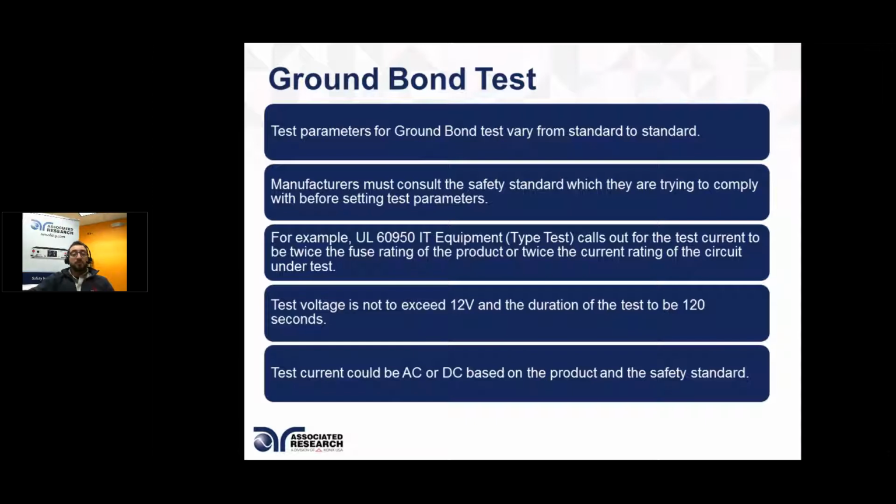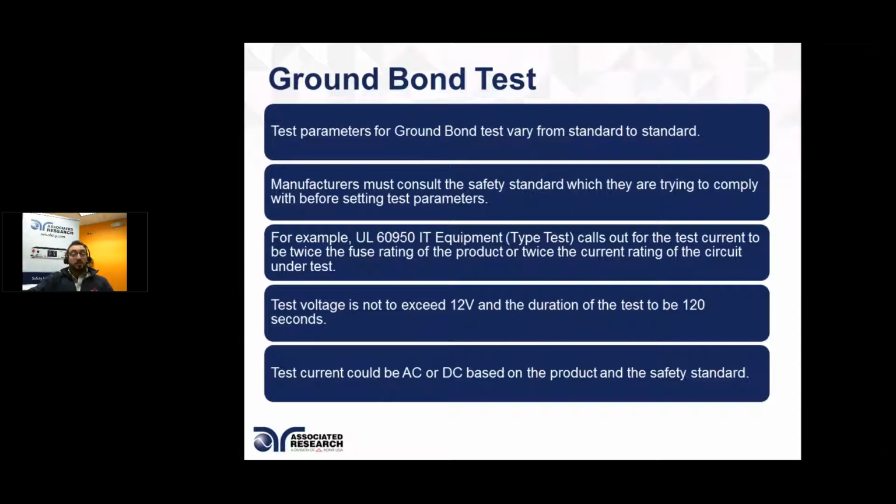It's also talking about voltage, which is not to exceed 12 volts in this case, and the test duration to be 120 seconds. So again, the assumption is, when you perform a ground bond test and inject a high current through the ground circuit for a given period of time, and the ground circuit holds up that high amount of current for this period of time, we can assume that in its normal life cycle the ground circuit will be sufficient to protect the user.